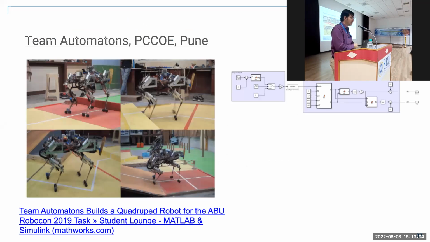And this is an example of a university which has done it. I think a couple of years back, there was a team, Automatons, of PCCOE College of Pune, which had actually built a quadruped model starting from some very basic things. If you look at the very top, they have the inverse kinematics models there. Inverse kinematics means you tell where, specifically in their case, the path that the robot's foot is going to take.